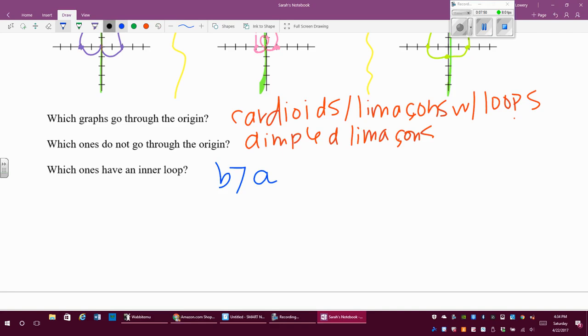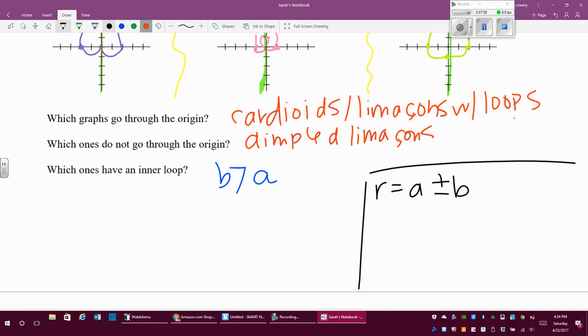Now I'm talking about B and A, so what I want you to know is all of these three graphs have the form r equals A plus or minus B, and it's either going to be a cosine theta or a sine theta. We can tell what it is based on the relationship. When A equals B, it's a cardioid.